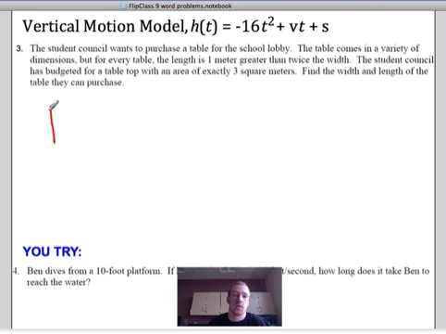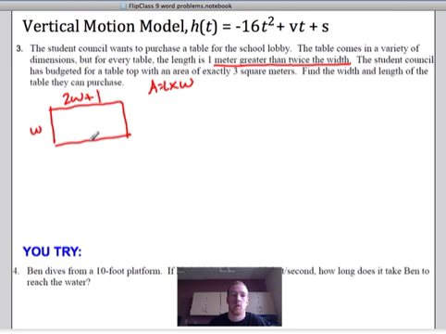So basically we have some rectangular table and we want its area. We know the area is length times width, right? So we want its area to be 3 square meters, and we know that the length is 1 meter greater than twice the width. So if this is the width, then the length has to be twice the width, and then 1 meter greater than that is a plus 1.